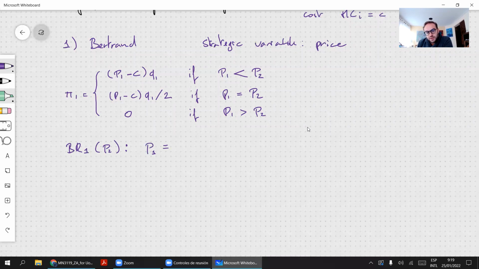And you guess this. My best response is to ask for the same price as my competitor minus a tiny fraction of money, an epsilon, because if my price is slightly smaller, then I'm going to capture the whole market.